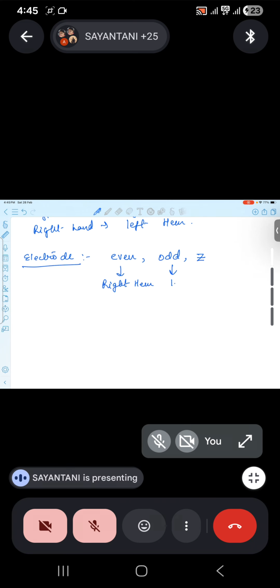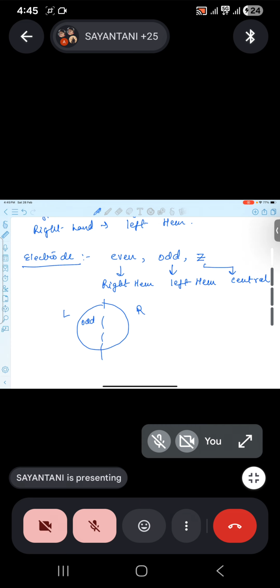Odd electrodes are placed on the left hemisphere, and Z electrodes are placed on the central line. What do I mean by that? If this is your left hand side and this is your right hand side, you are placing odd electrodes here, even electrodes over here, and in this mid section, whatever electrodes have Z written on them are placed along the midline.